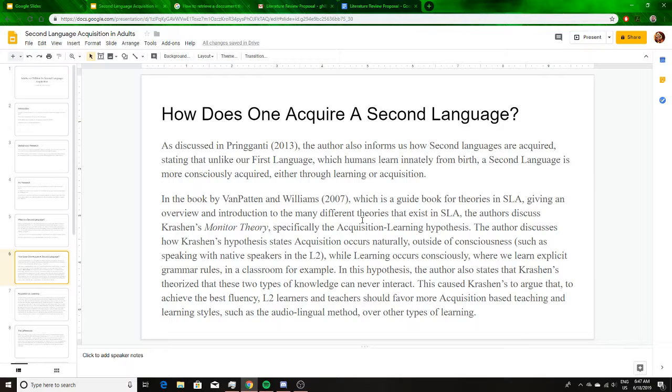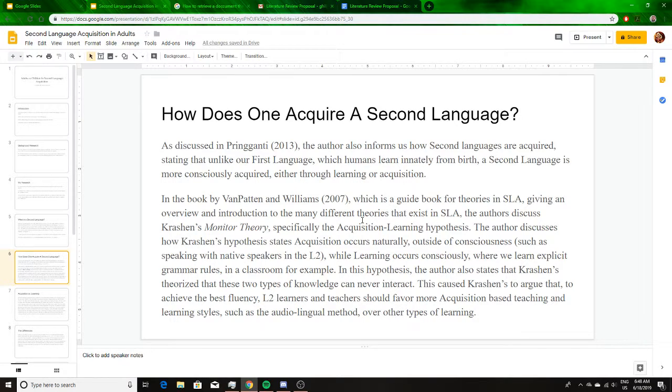Now, in the book by Van Patten and Williams, which is a guidebook for theories in SLA, giving an overview and introduction to, I would say, most of the theories in SLA, both older and newer, the author discusses Krashen's monitor theory, specifically the acquisition-learning hypothesis within monitor theory.